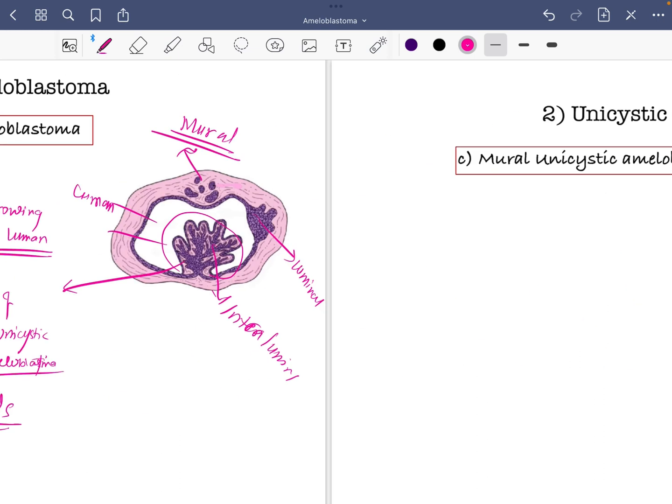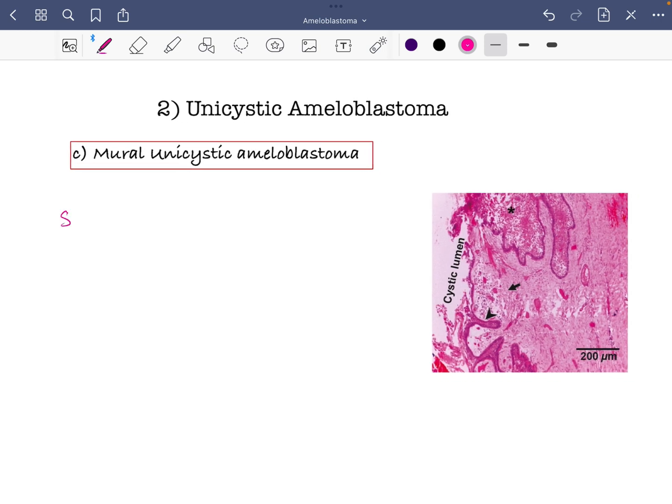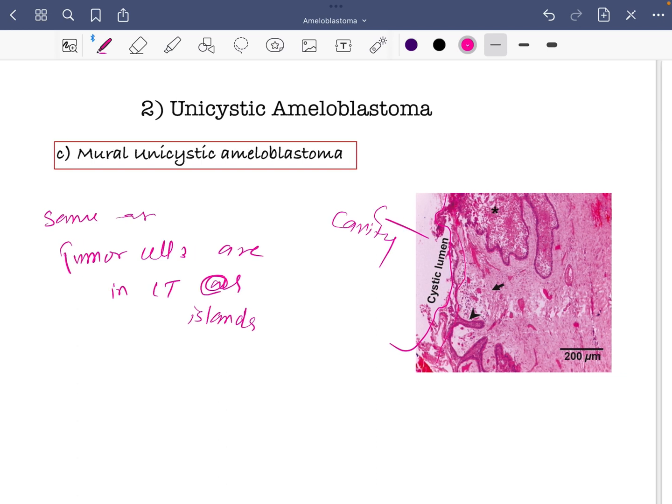In the mural kind of lesion, the features are the same as shown. The only differentiator is that the tumor cells are in the connective tissue as islands. This is your cystic cavity, and this is your cystic wall.